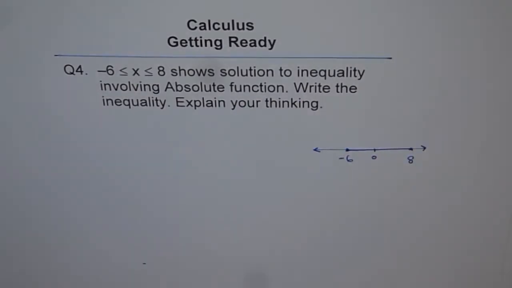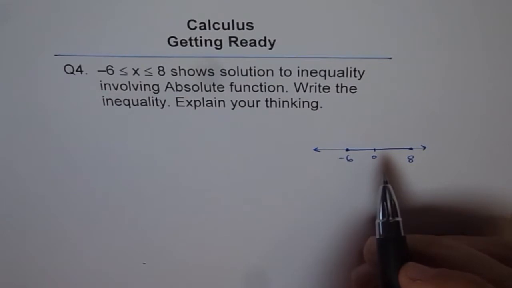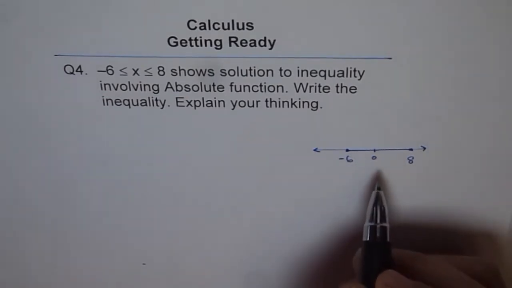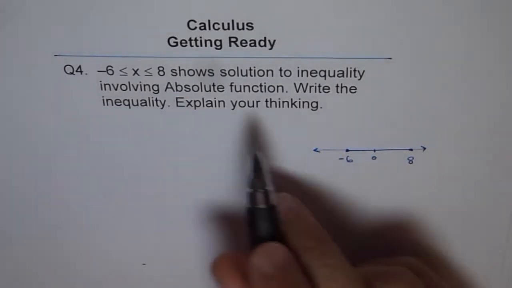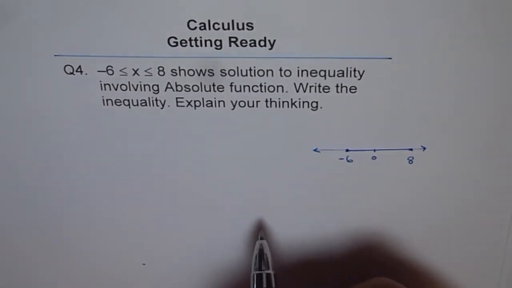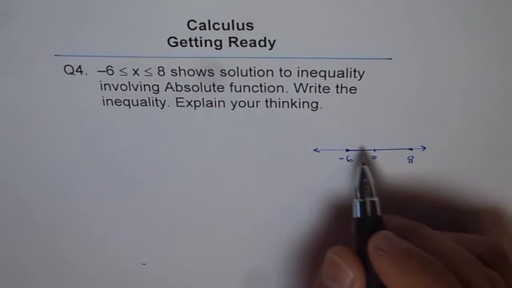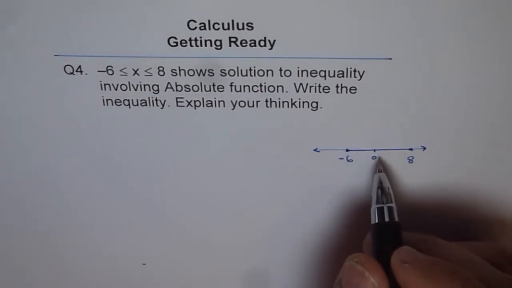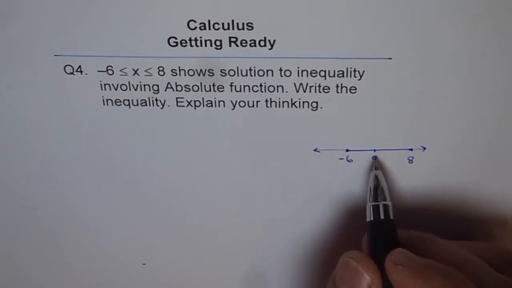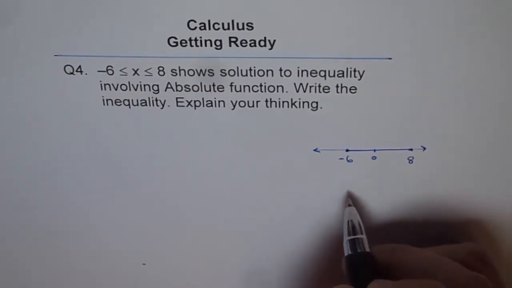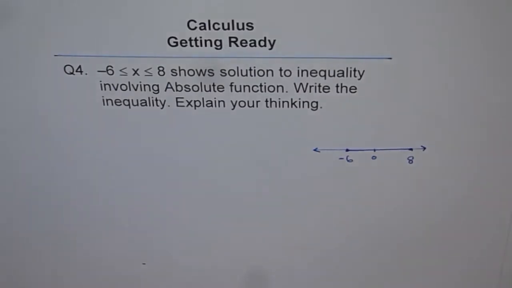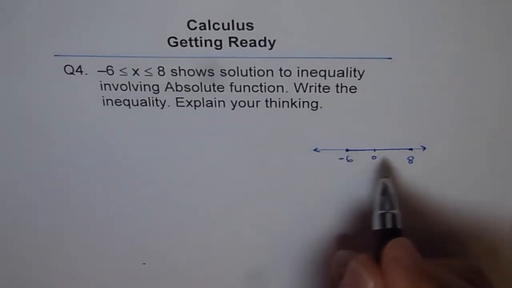Now we have to write an inequality which will give this as a solution, and that too with an absolute function. Now if you remember, an absolute function always has a positive value. Second, an absolute function is symmetric about its vertex, correct? So what we should do here is find the center of these 2 points.